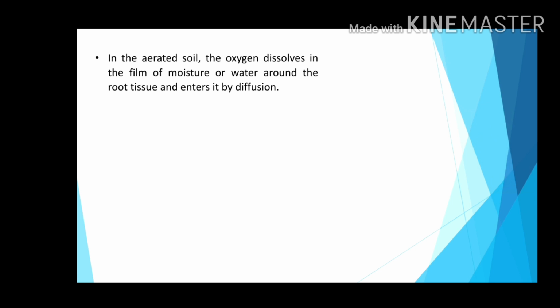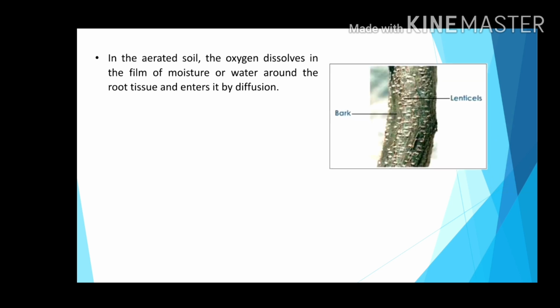Through this, diffusion takes place and oxygen enters into the roots. Now, what about the trees, which have a bark-like structure? In them, respiration takes place with the help of lenticels, the openings which help in gas exchange.